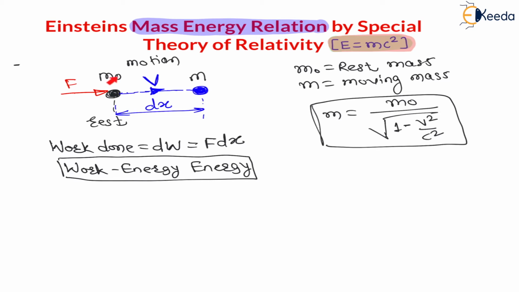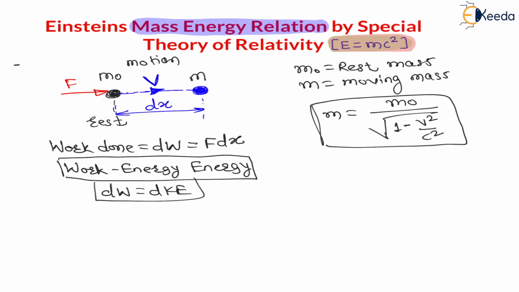Whenever the mass is at rest, there is potential energy. Displacement work means it is kinetic energy, because displacement means motion. Therefore this small work is nothing but a very small change in kinetic energy. So as per the work energy principle, dw is equal to dKE, the small change in kinetic energy.